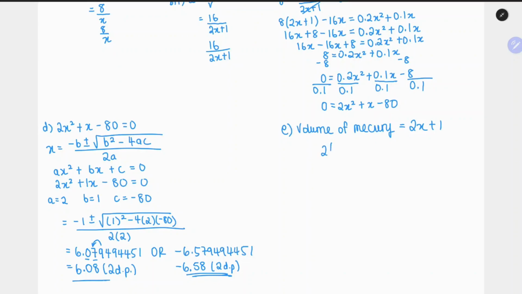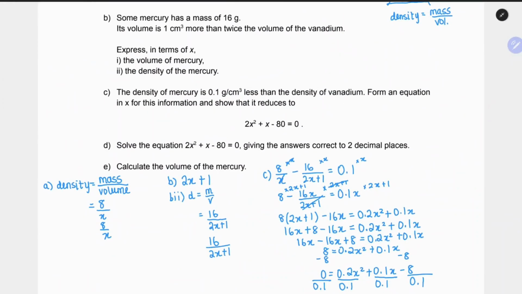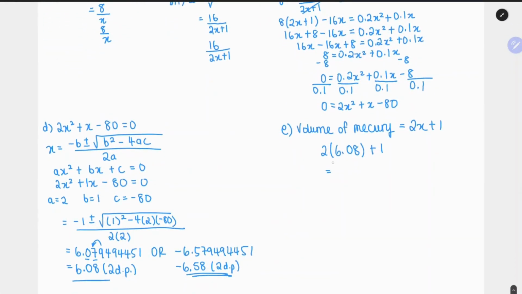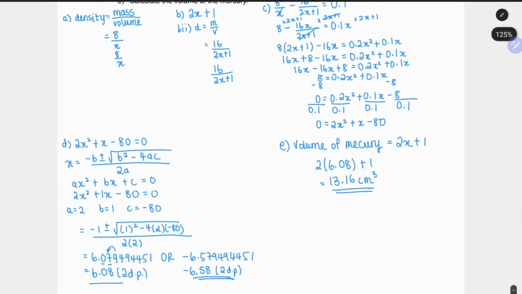So it's going to be 2 times 6.08 plus 1, which is going to be 13.16. Sorry for that. 13.16. And that's going to be in cubic centimeters. And then that's the end of it all.